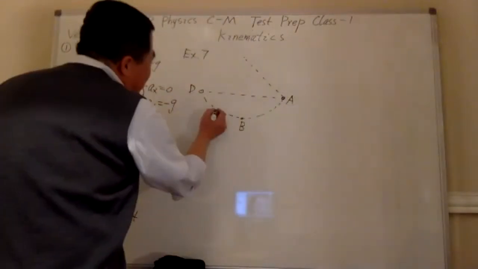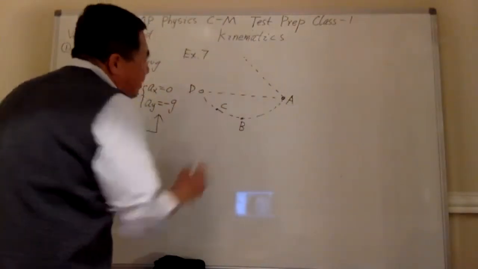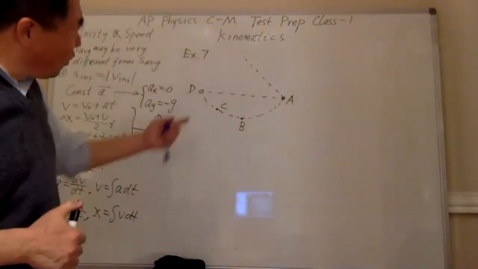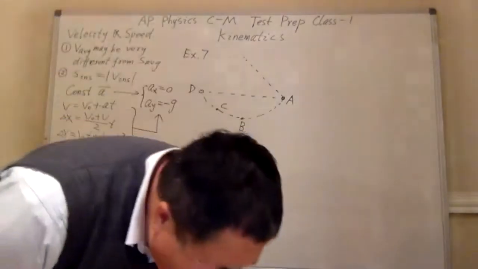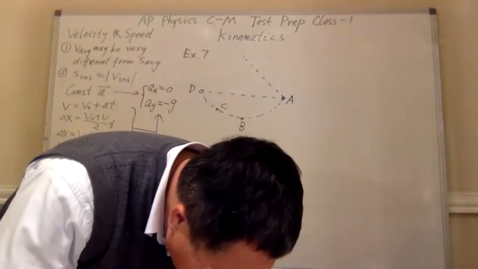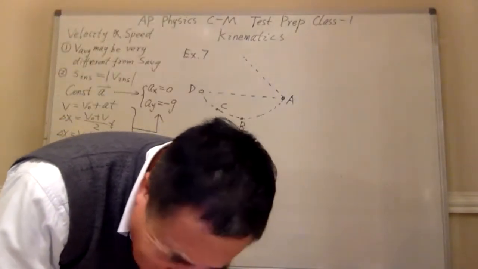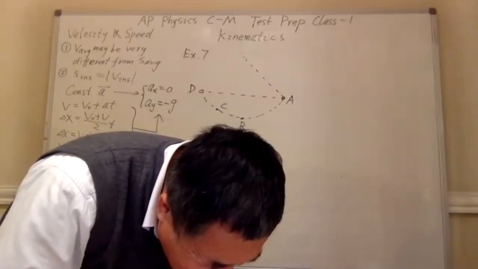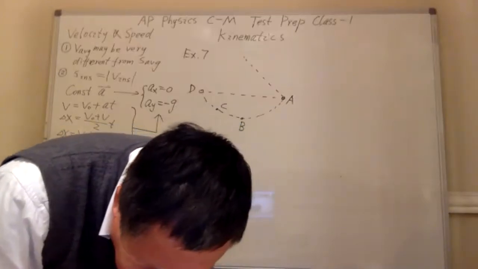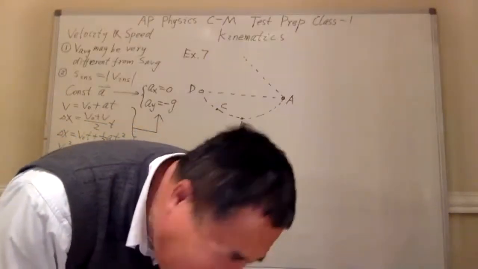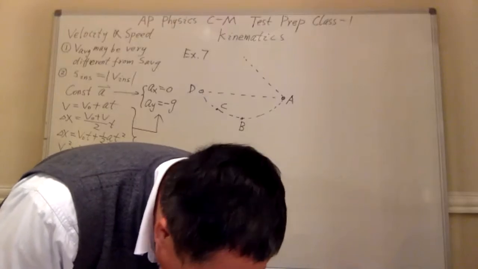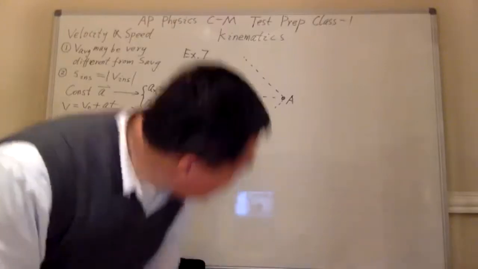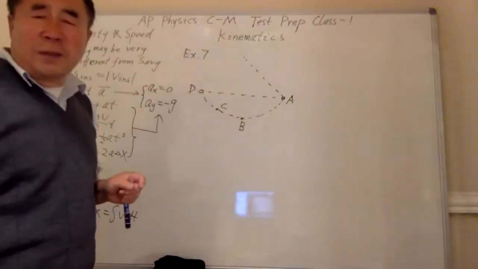They ask you, this person swings, then lets go at a different point. If point C, what happened?